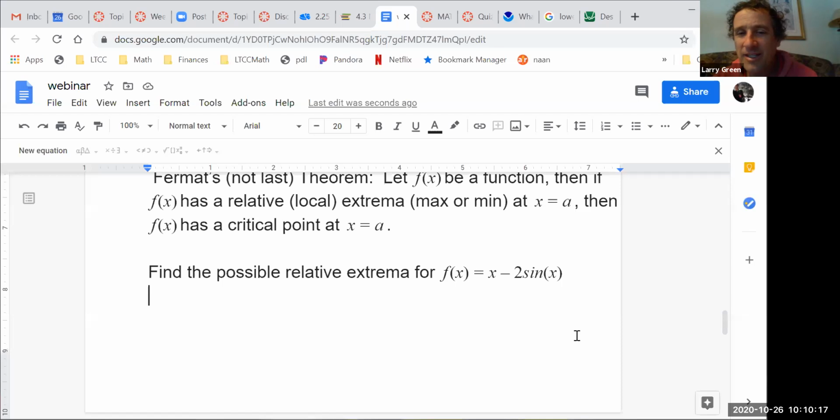What's step 1? Yeah, determine differentiability, and x minus 2 sine x is differentiable everywhere. There's no issues. Step 2 is to find the derivative. And you should all know how to find the derivative of this. So what is f prime of x?